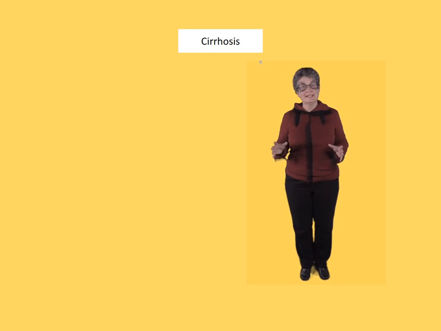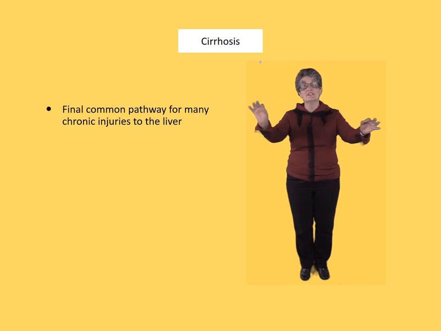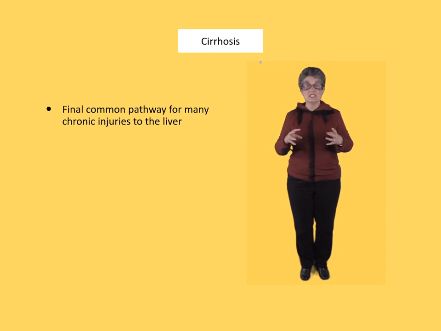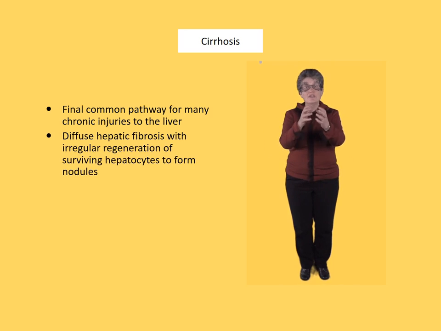So, cirrhosis is the final common pathway for many chronic injuries to the liver. What happens is, due to chronic inflammation, we have many of the little fibrous bands forming, which ends up with diffuse hepatic fibrosis. The surviving nuggets of hepatocytes then expand to form nodules.